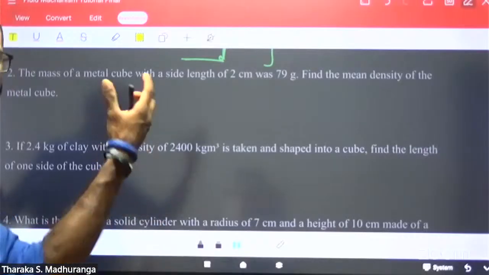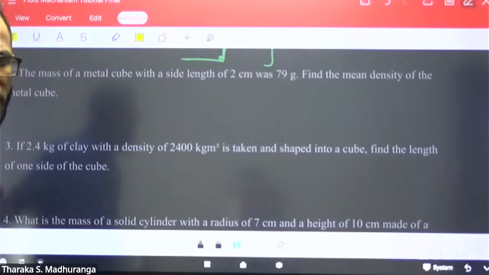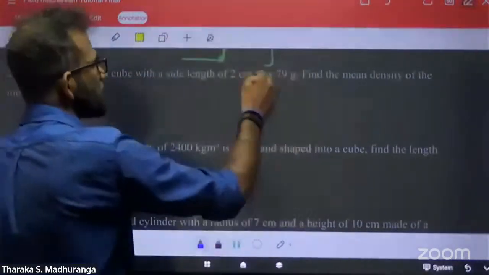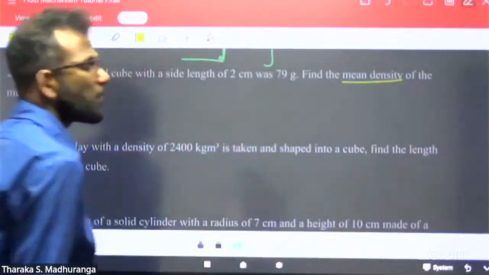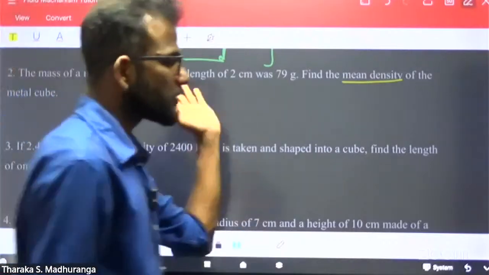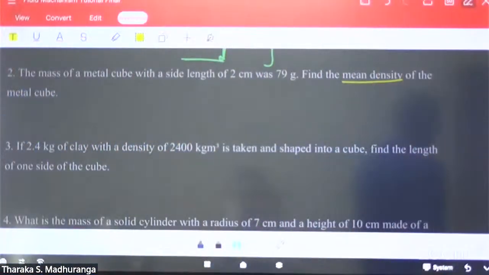Mean density means average density. Okay, I can give you 2 minutes. Quickly get this. You only have unit conversion. Simple question.